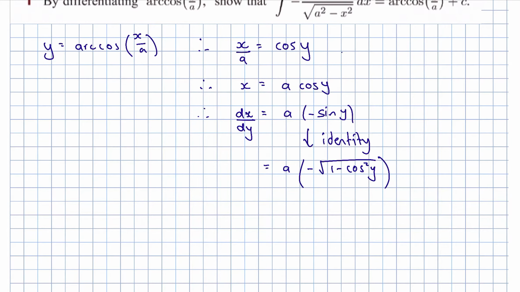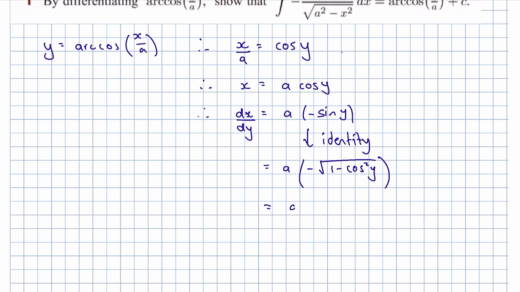The reason being is that we then have our cosine squared y. We can use that cosine y and convert it back to x's. In this case, it's going to be x divided by a.